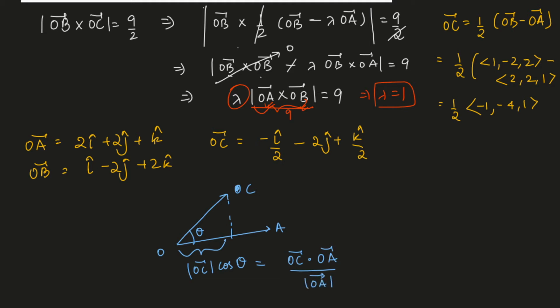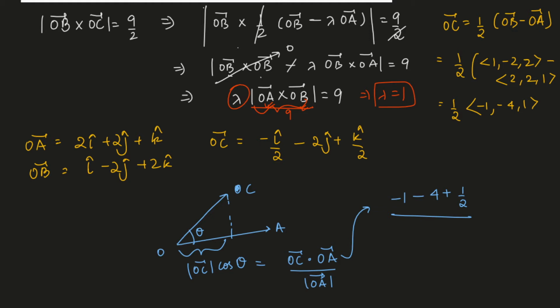This is again a standard trick. I just wanted to recall this. So OC dot OA, we just have to multiply it component-wise. So 2 into -1/2 is -1, 2 into -2 is -4, and then 1 into 1/2 is +1/2. This is divided by the magnitude of OA.